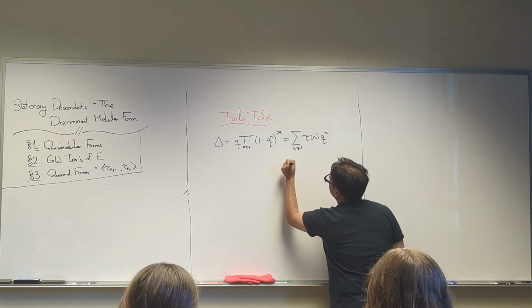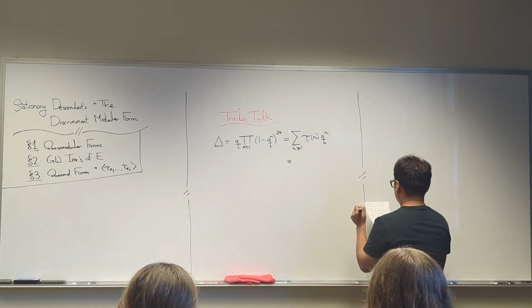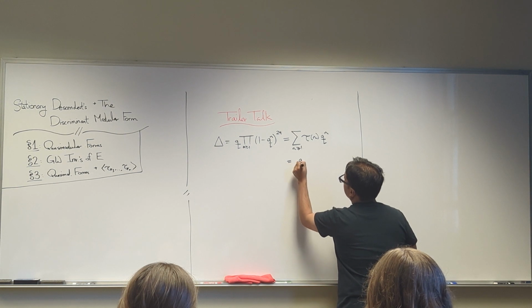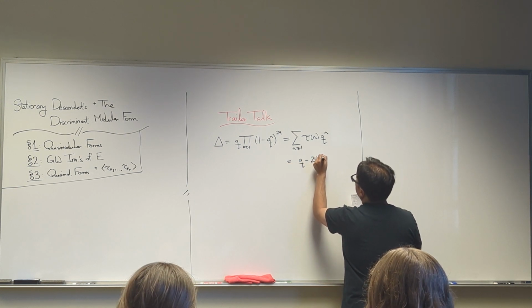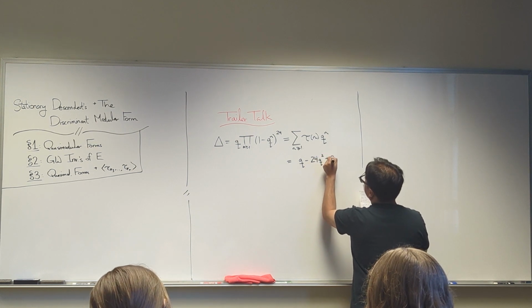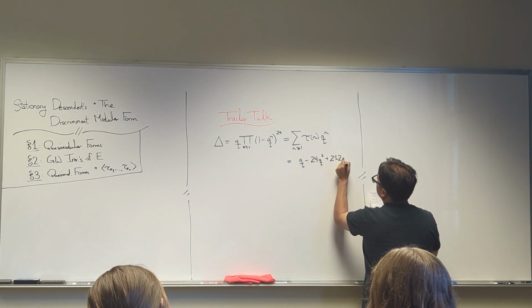The first couple terms are Q minus 24 Q squared, the next one will be 252, and so on.